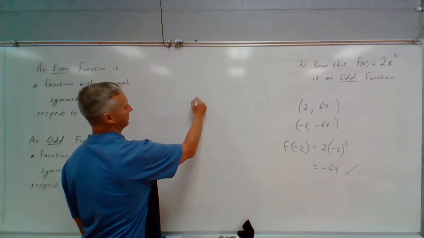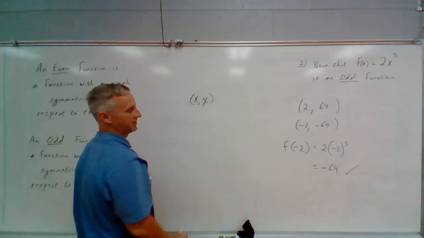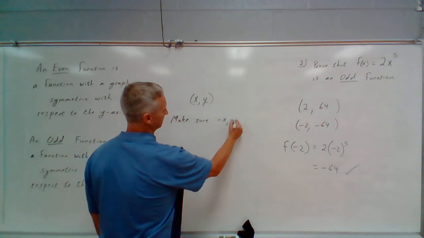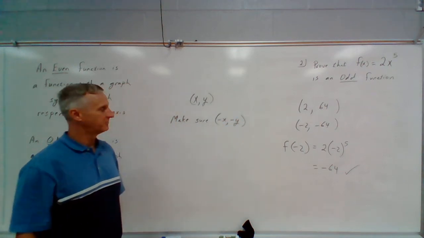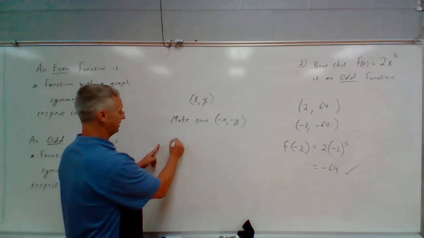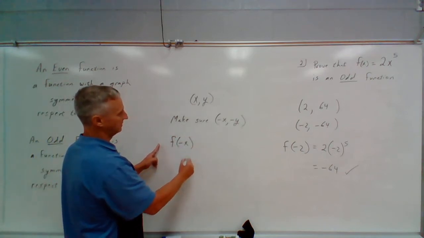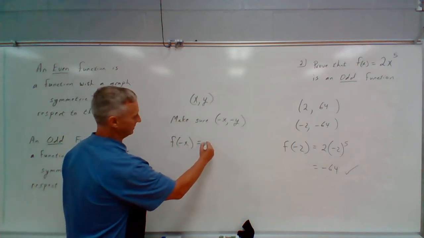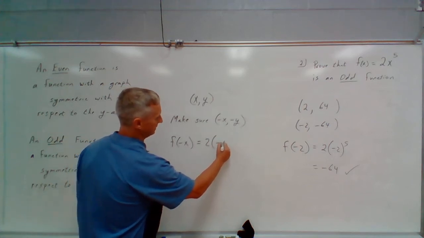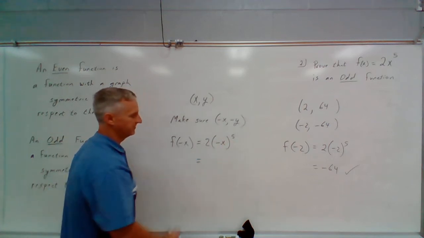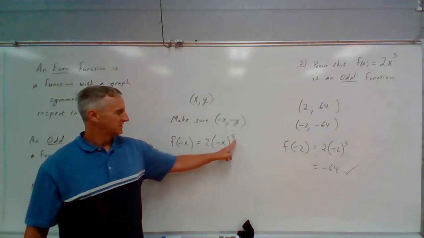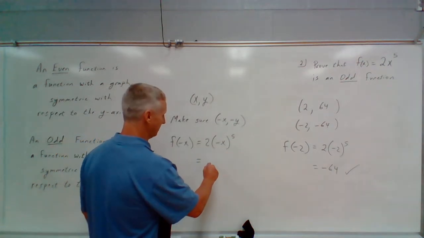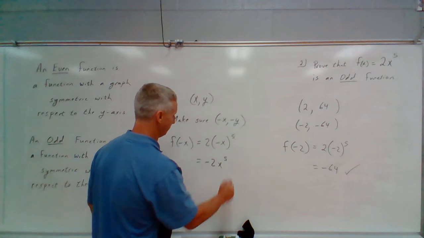Okay, so if the point (x, y) is on the graph, we have to make sure that (negative x, negative y) is on the graph. So I'm going to plug negative x in for x, so that'll be 2 times negative x to the 5th. Negative x to the 5th is negative x to the 5th times 2, so that'll be negative 2x to the 5th.